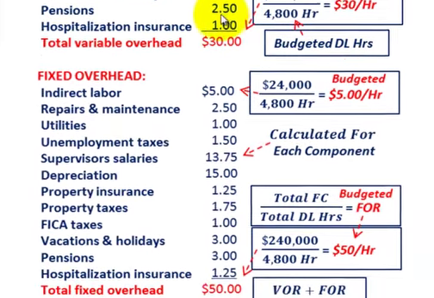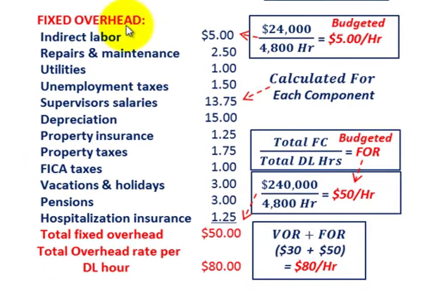Now let's go down and look at our fixed overhead. The components included here would be indirect labor, repairs and maintenance, utilities, unemployment taxes, supervisors' salaries, depreciation, property insurance, property taxes, FICA taxes, vacations and holidays, pensions, and hospitalization insurance.